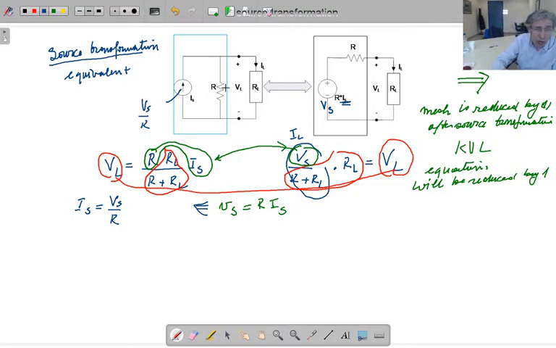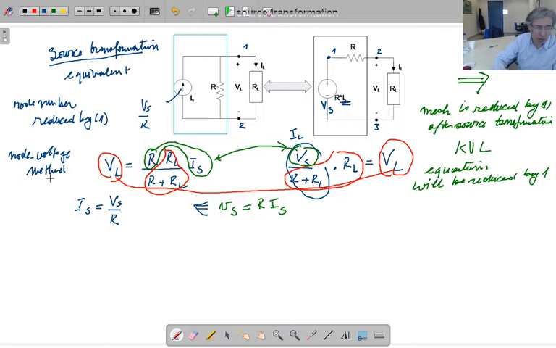So in this case, what is going to be the use of this transformation? You can check it now. The number of nodes here is just one here, that's the second one, that's the third one, including the reference. In here you've got 1 and 2. There are 2 nodes. So that means the number of nodes is reduced by 1. Assume that this circuit is given to you and you want to use the node voltage method.